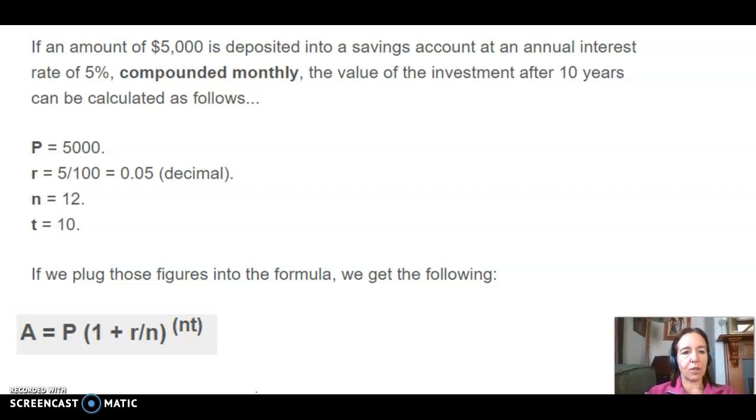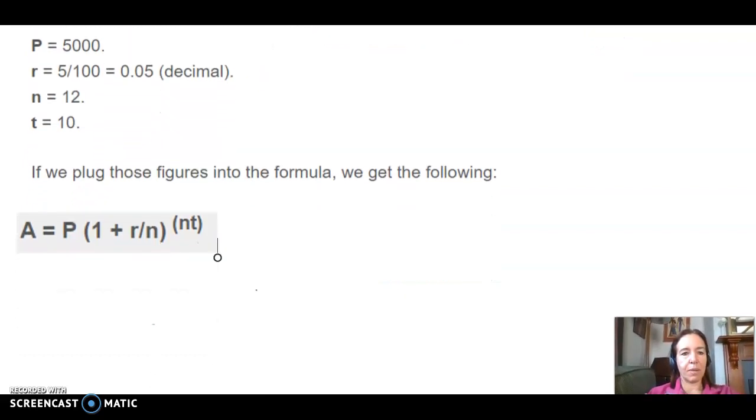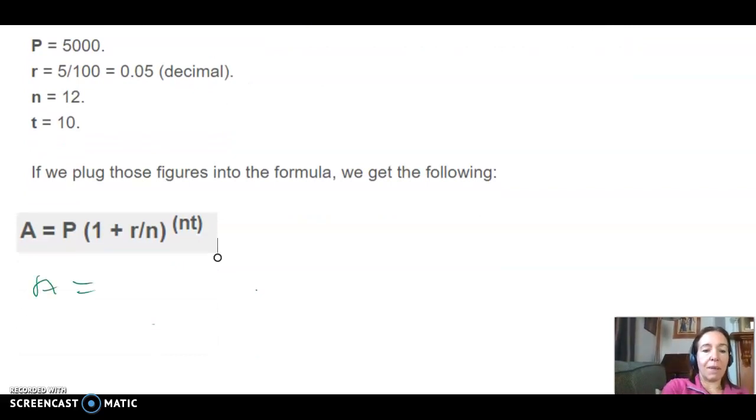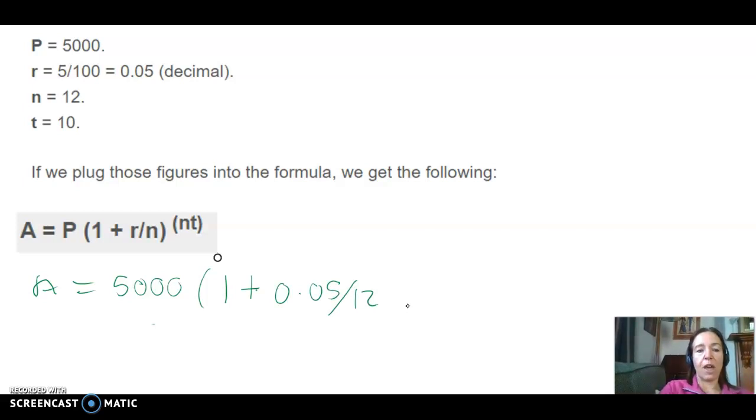I'm just going to move this a little bit up again. It's going to look like my amount is going to be the principal, which is $5,000, and I'm going to times that by 1 plus 0.05 divided by 12. Now it's just the 0.05 that's divided by 12, because at the end of every month you're going to be getting it.